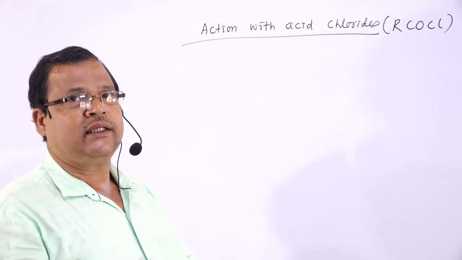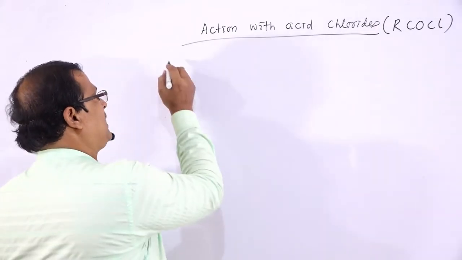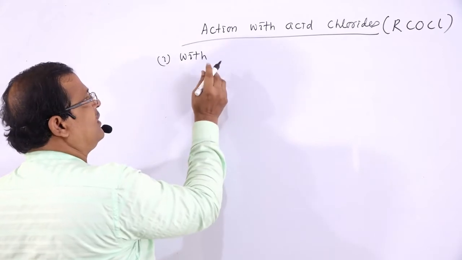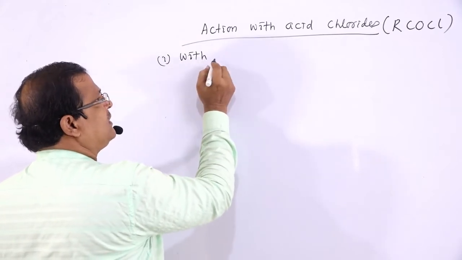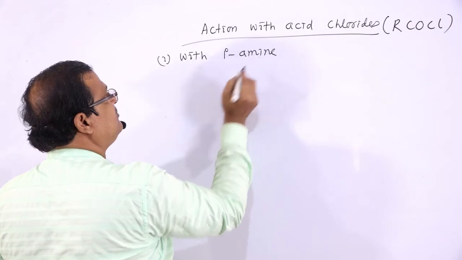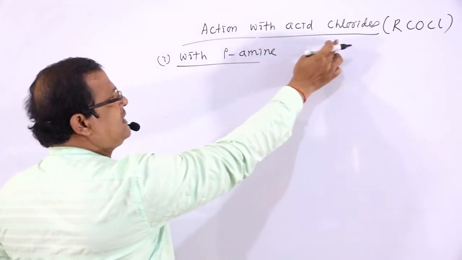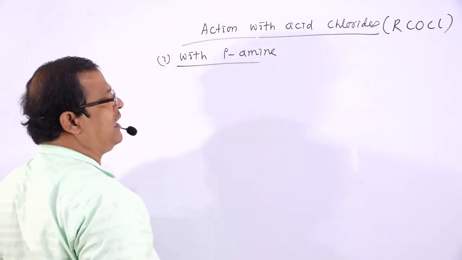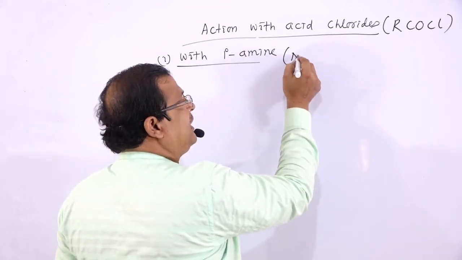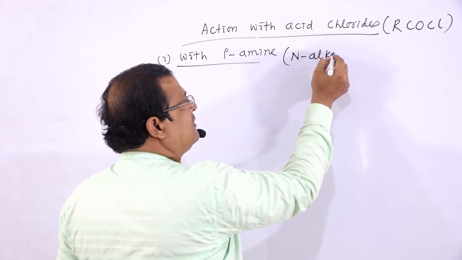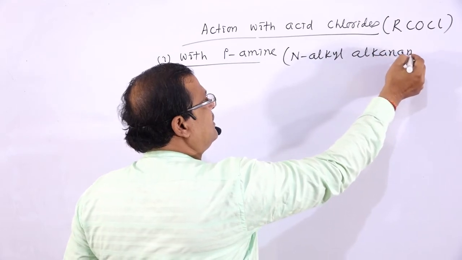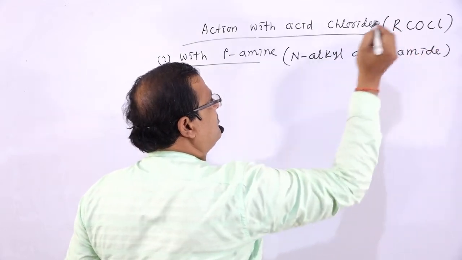We will analyze. So the first one is with primary amine, that is action of the acid chlorides with primary amine. So there is the formation of, what will be the product? N-alkyl alkanamide will be formed.